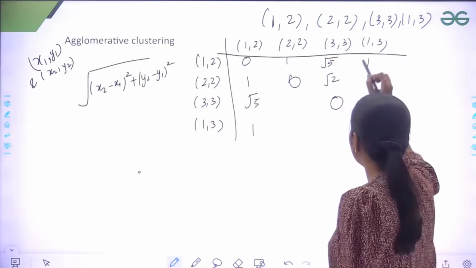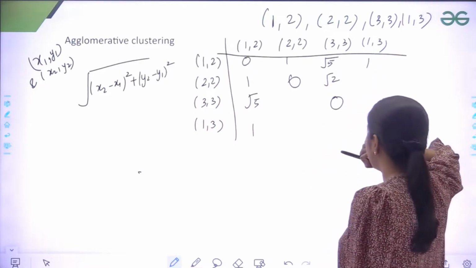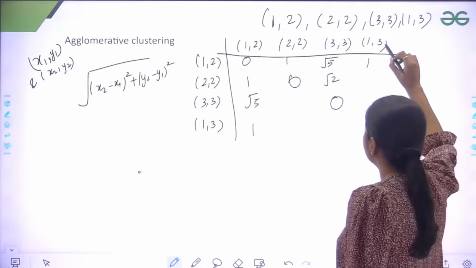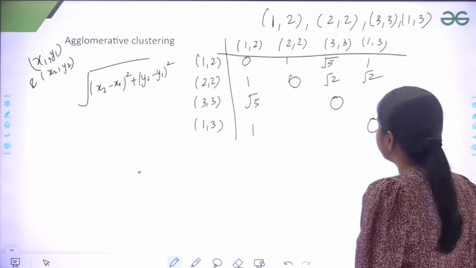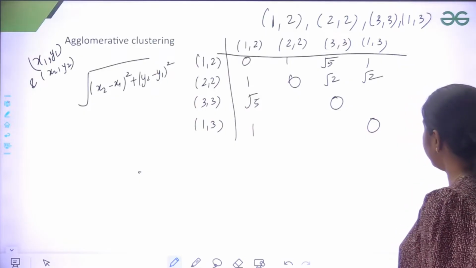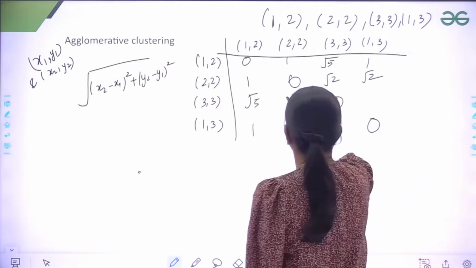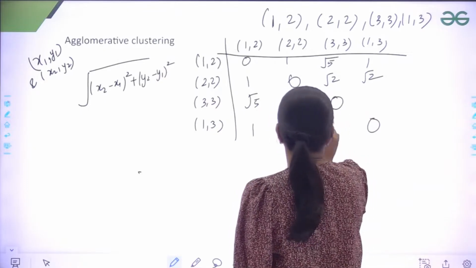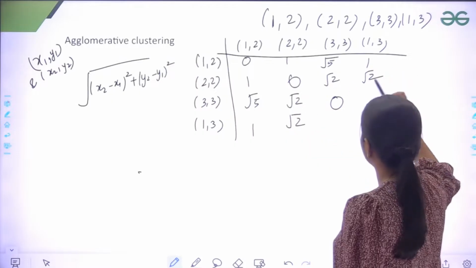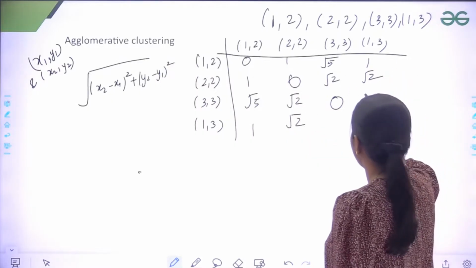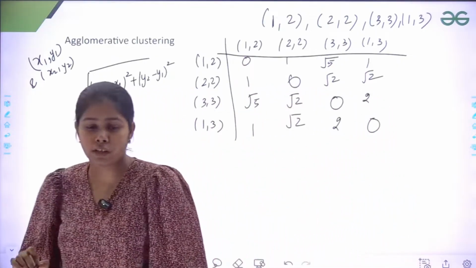And (2,2) with (1,3): 2 minus 1, 3 minus 2, square root of 2 again. And (3,3) with (2,2) is square root of 2. And (3,3) with (1,3), what is the distance? 2, right? So now I have to find the minimum distance.